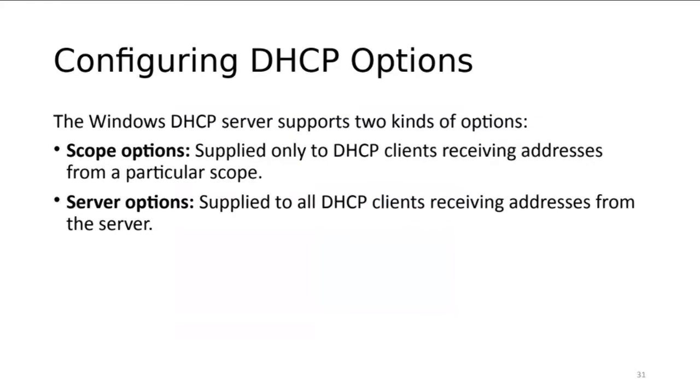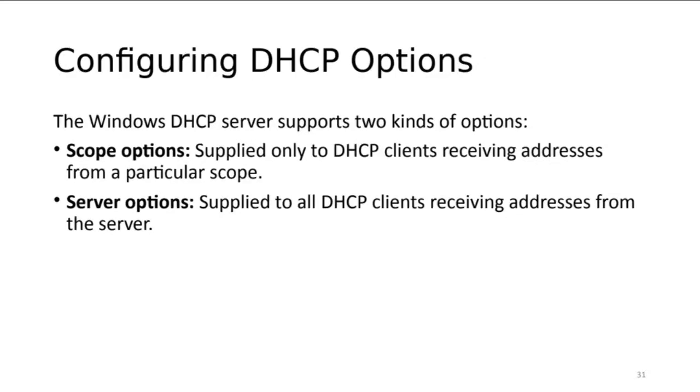8 days from activation. Now, Windows Server supports two kinds of options. The scope options are supplied only to the DHCP clients of that scope, and server options are supplied to all the DHCP clients receiving addresses from the server.